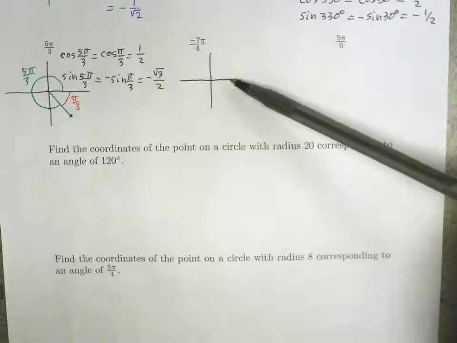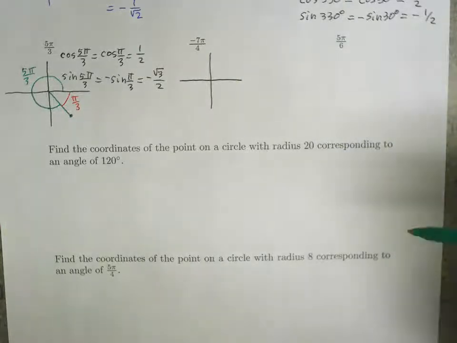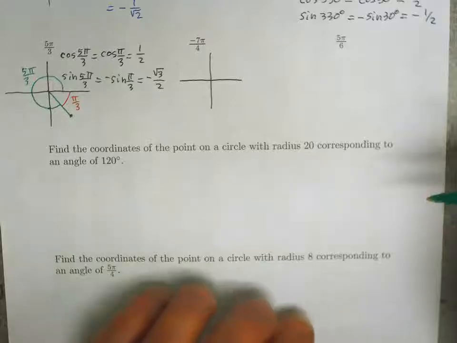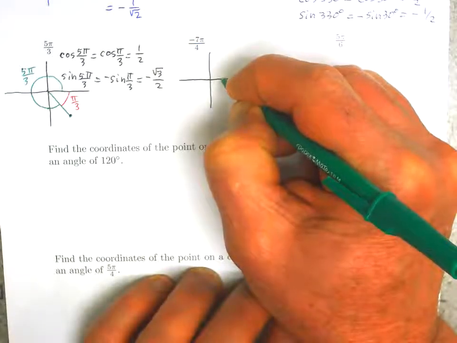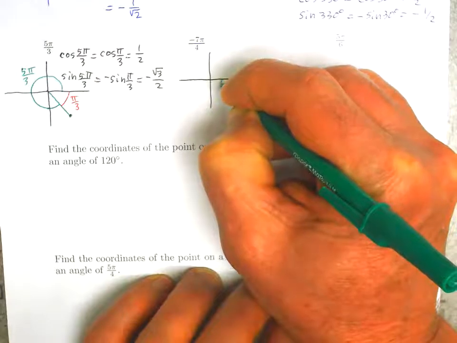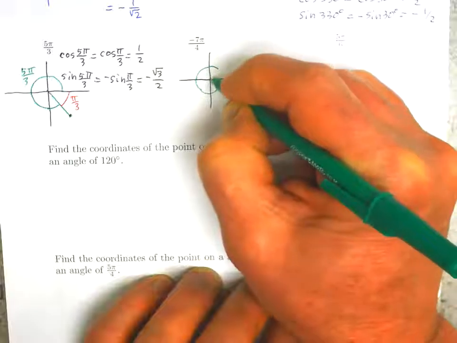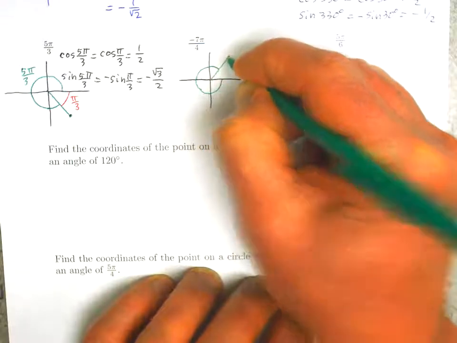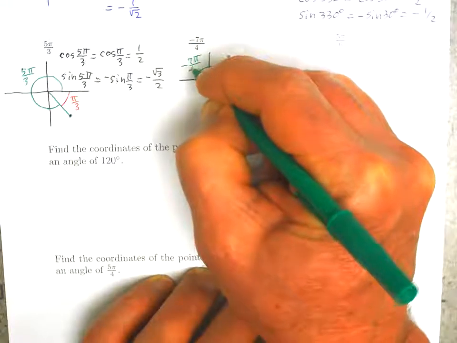So it's a clockwise revolution that falls short of one complete revolution. It falls short by pi over 4. So here's negative 7 pi over 4.